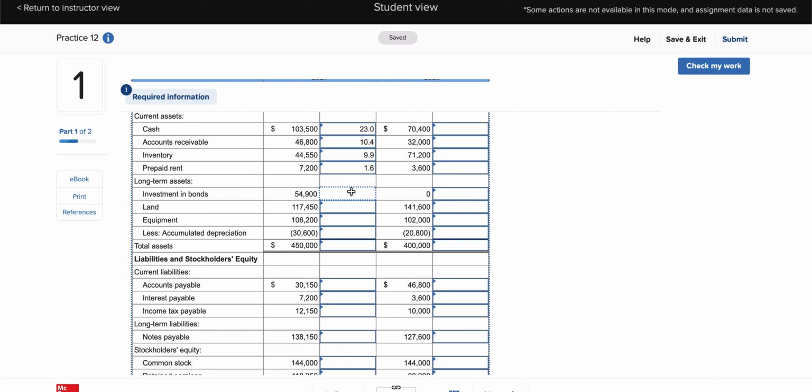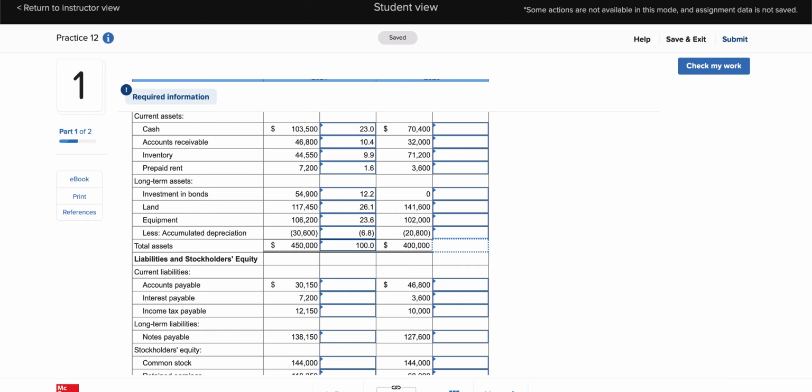The investment in bonds, 54,900 divided by the 450,000 gives us 12.2%. Land represents 26.1% if we do the math right there. 106,200 divided by 450,000, we're looking at 23.6%. And accumulated depreciation, because this is negative, we also want to make the percentage negative. Total assets, obviously, is going to be 100%.